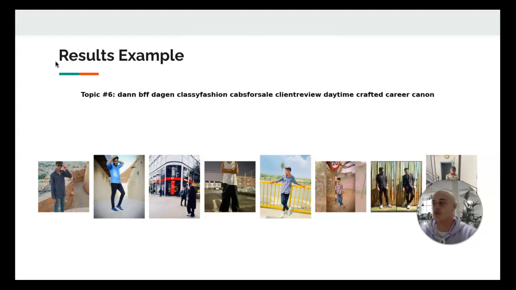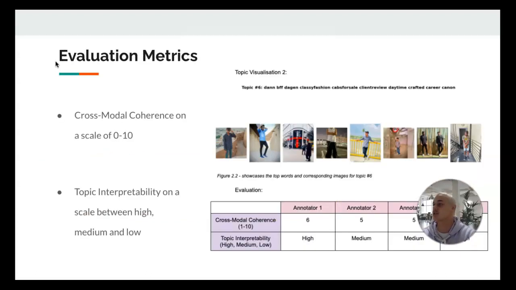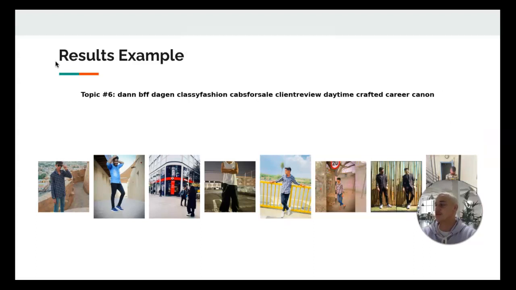Now we look at a results example, and the demonstration of how the algorithm works can be found in the zip file that I've also attached. The Instagram-specific non-negative matrix factorization topic modeling framework shows significantly more success in clustering more abstract topics, as you can see in this figure, medium to high topic interpretability across all annotators, which can be attributed to the similar nature of the image clusters in addition to the top words provided in the visualization.